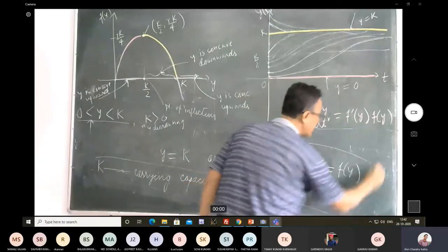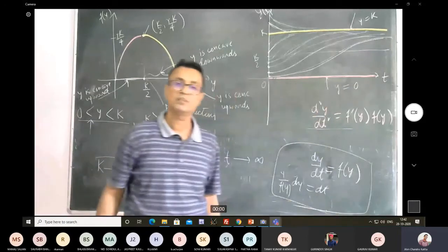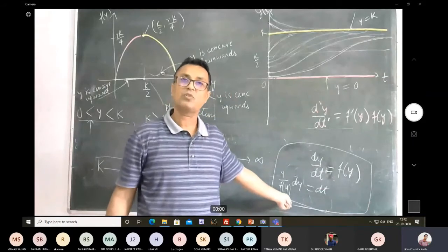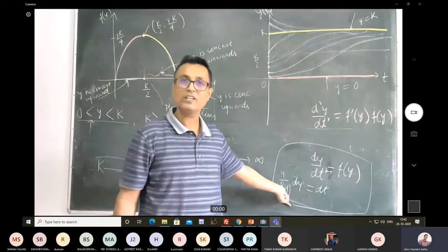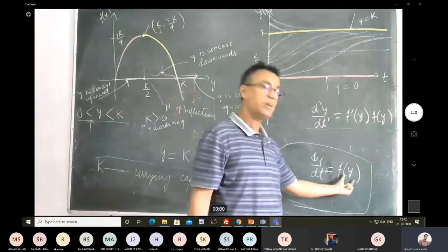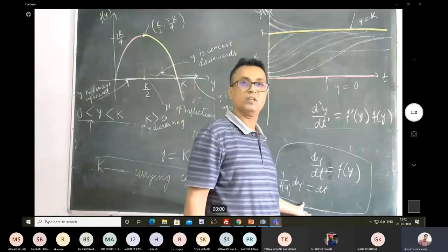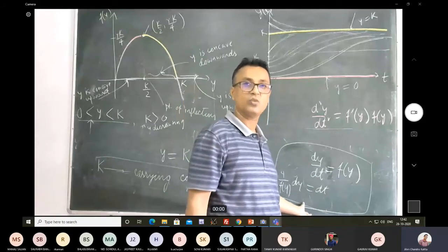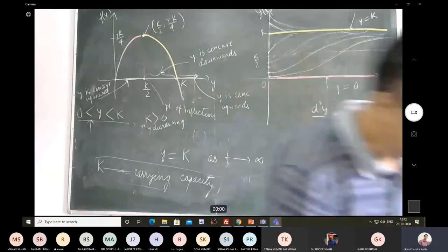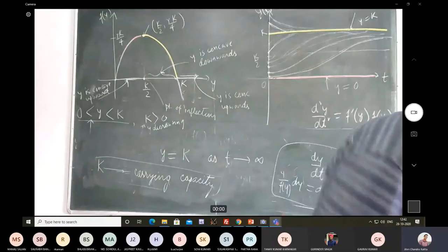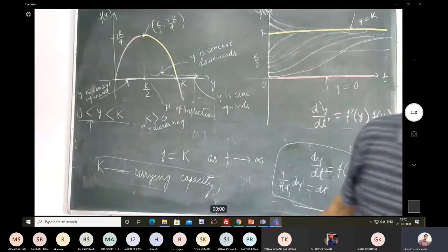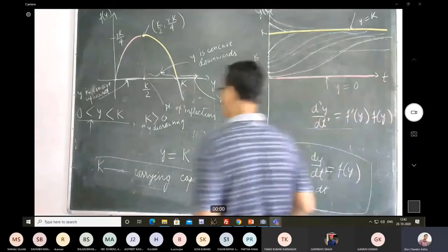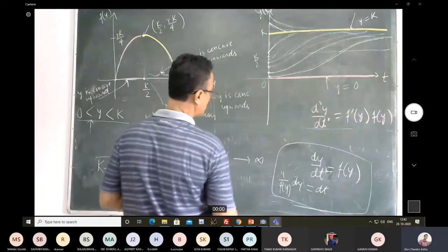It is of variable separable type, so you can easily solve it. Whatever the shape of this, it is always solvable. Let me simply write down the solution.